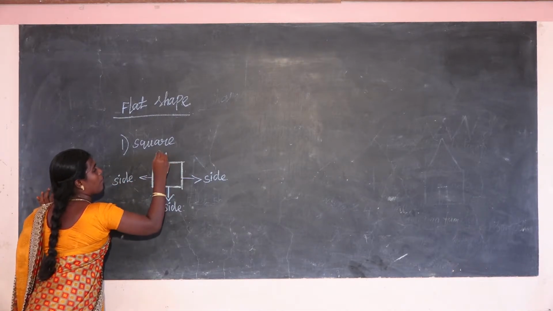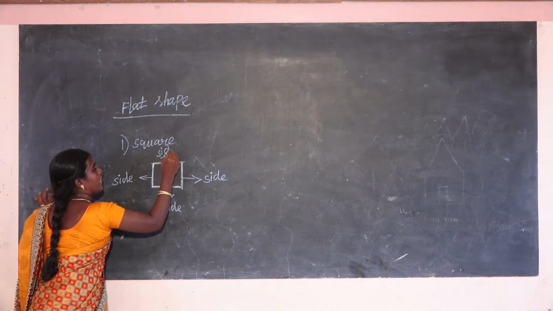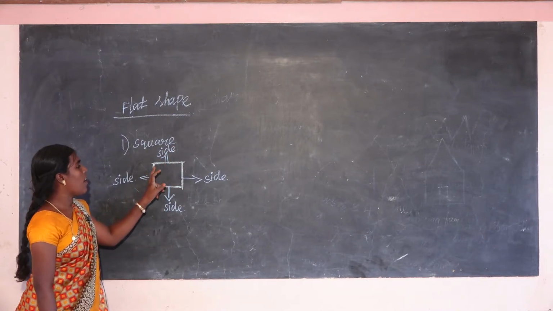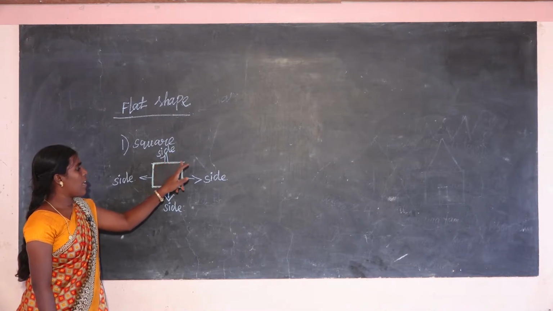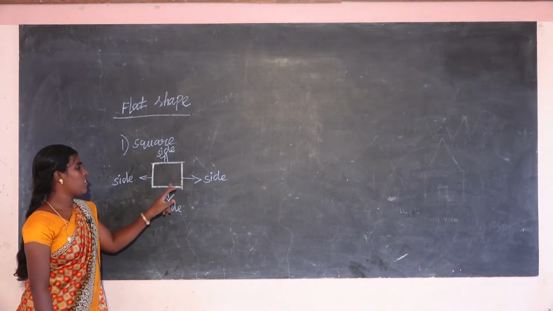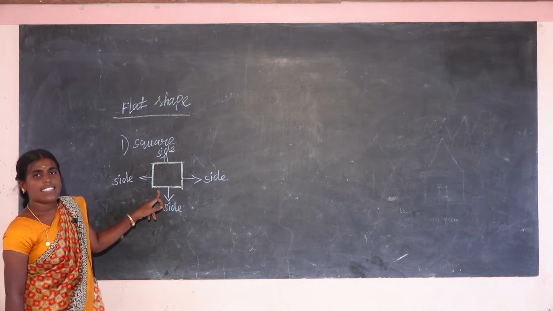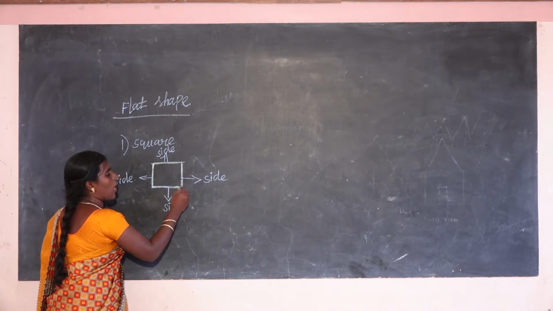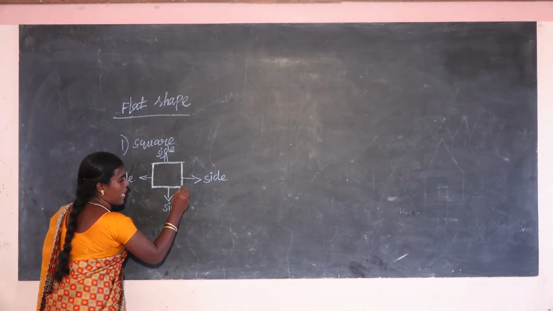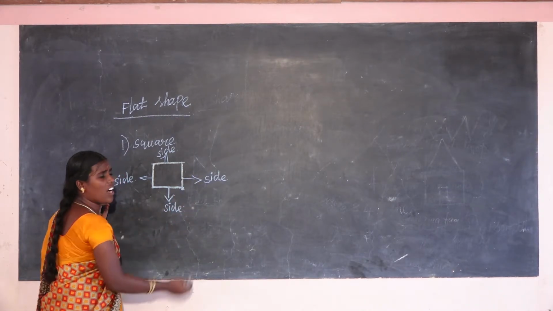Here the top line is also called a side. What are these flat lines called? The flat lines are everyone called a side.